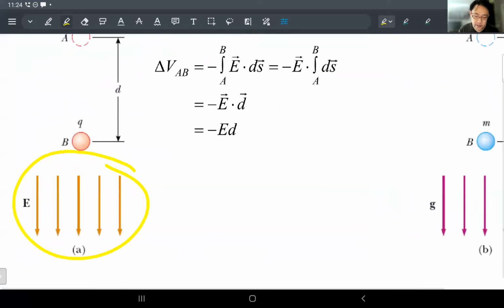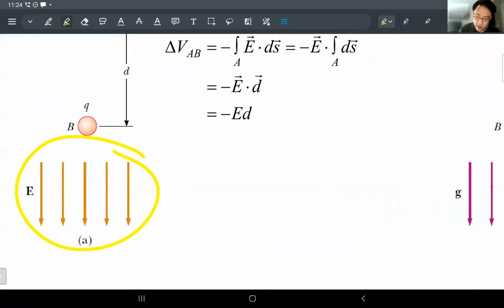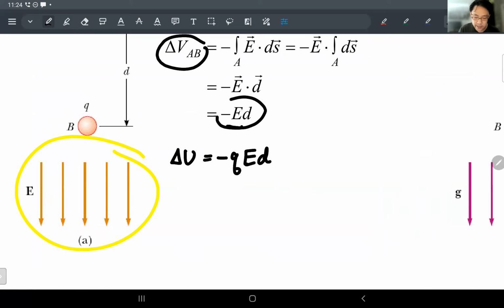Now everyone should agree with me. This is easy because we already figured out that the potential energy difference is just negative QED. So if you want just the potential difference between 2 points, you just drop that Q and take negative E times D. So this is one case.